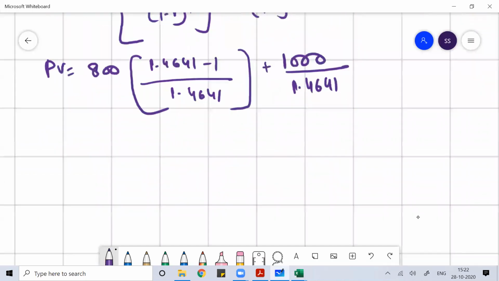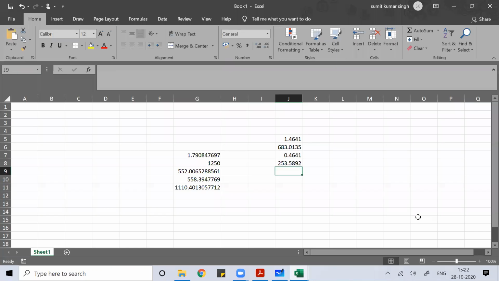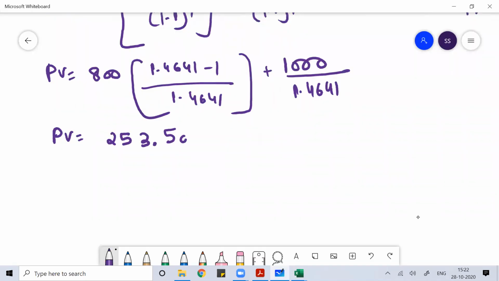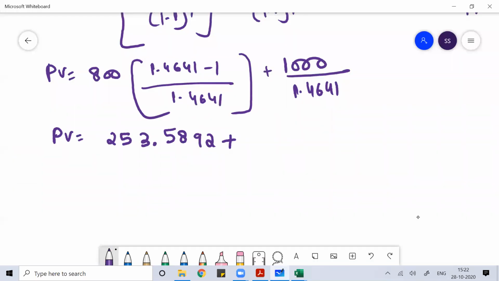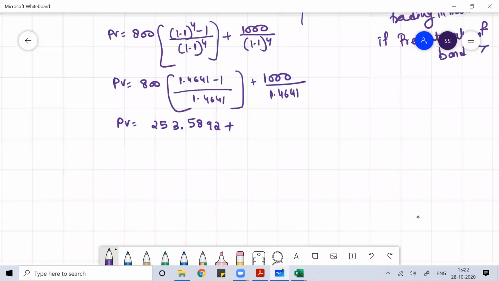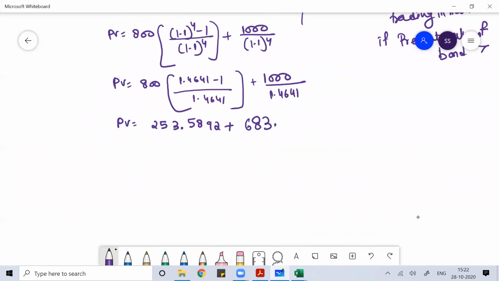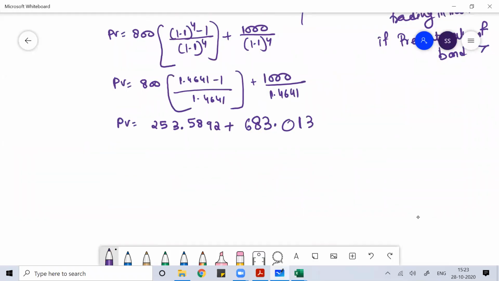This is 253.5892 plus 1000 divided by this, which is 683.0135. So you will find the present value of the bond.